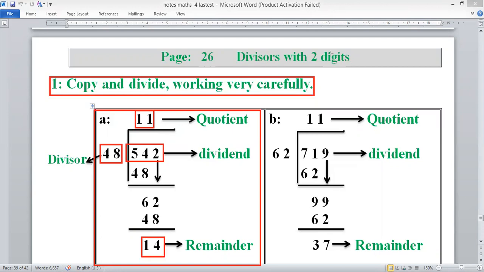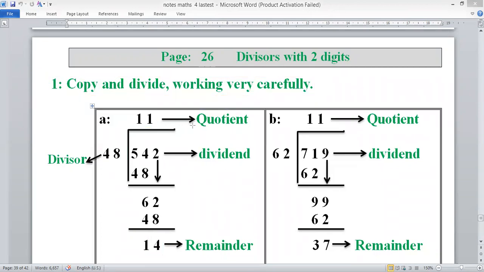Now how do we divide? First of all, we take the digits in the tens and hundreds. Here we consider these two digits as 54, and we divide by 48 first.